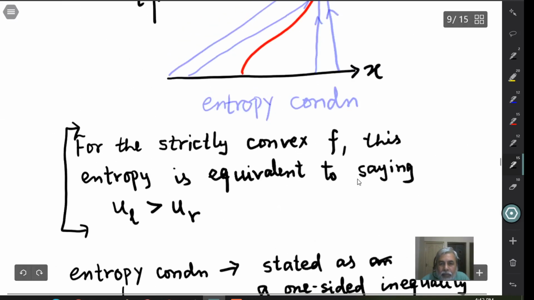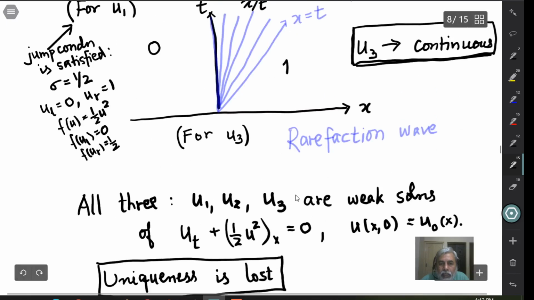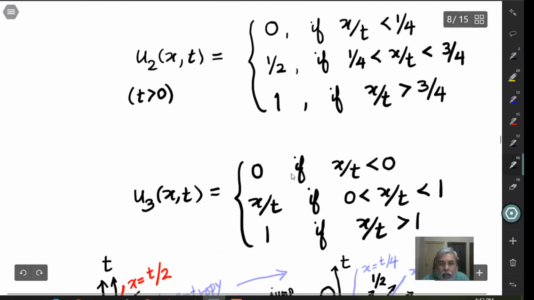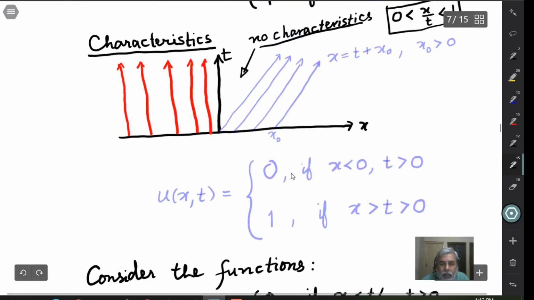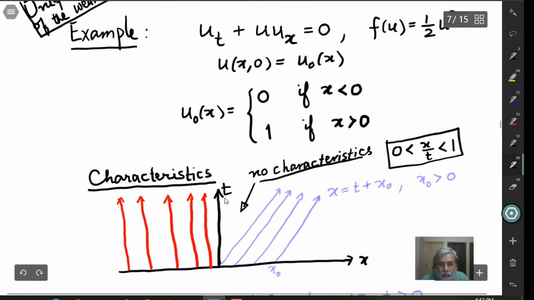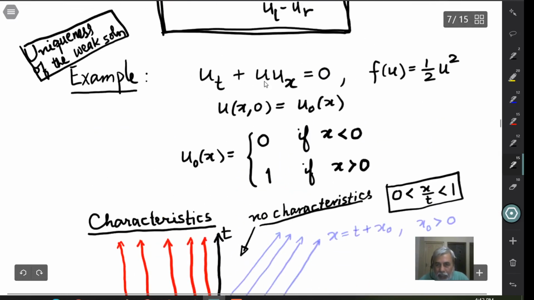In fact there were many solutions, so let me recall that. This was the Burgers equation. The same thing holds if you take any general f.